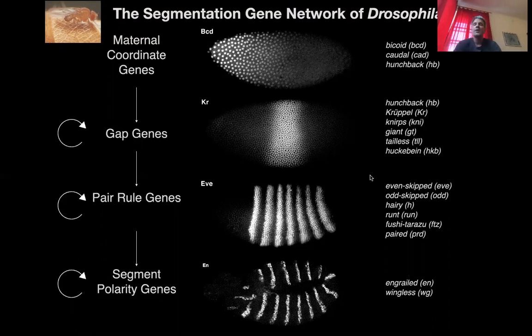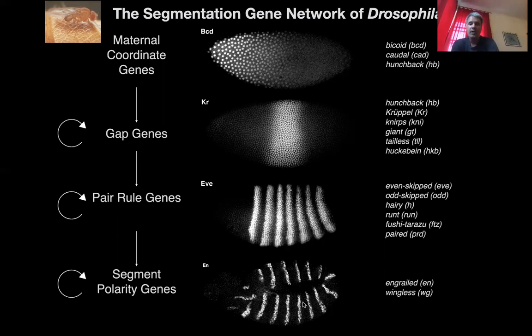There are different gene names here: even-skipped, odd-skipped, hairy, runt, fushi tarazu, and paired, which are expressed in these beautifully staggered 7-stripe domains. And all of these genes together then lead to the expression of the segment polarity genes, in particular engrailed and wingless, which complement each other and form this beautiful 14-stripe pattern here.